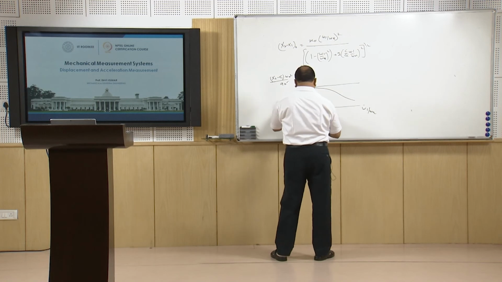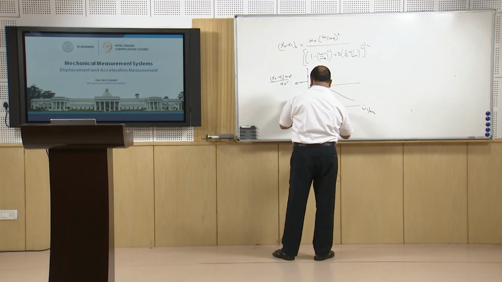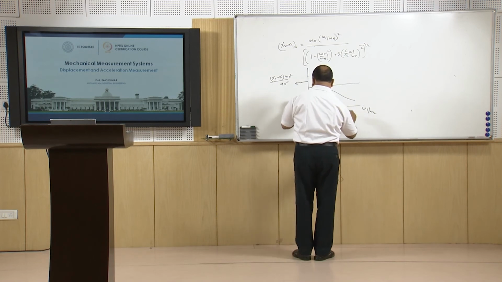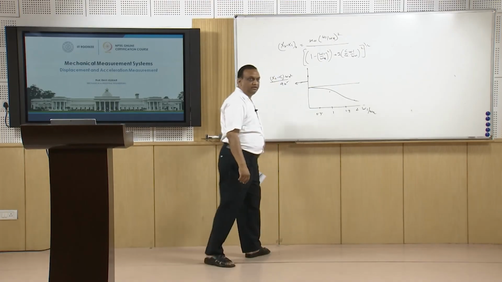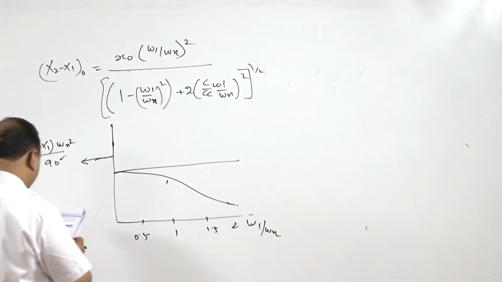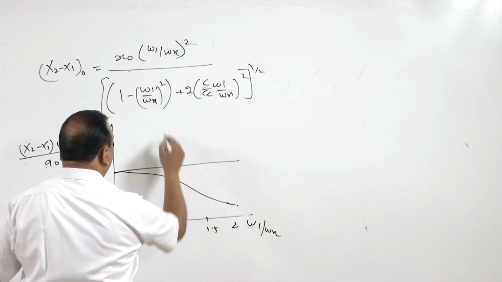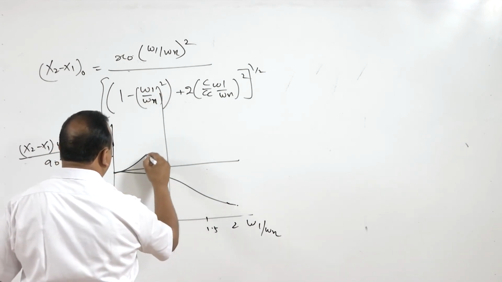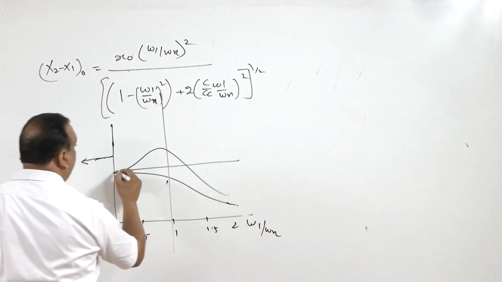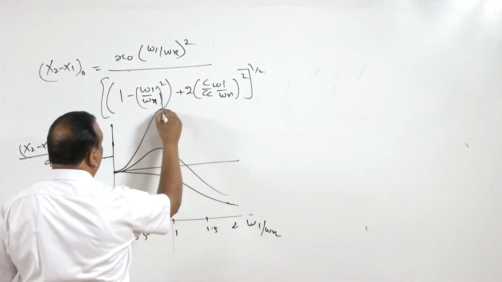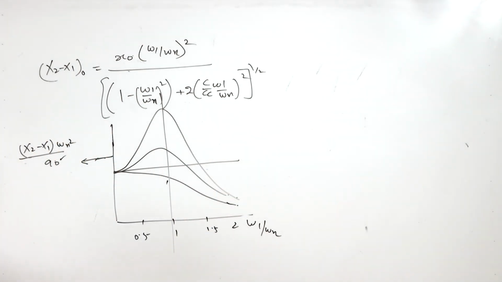And omega by omega n, I'll give you the values: this is 0.5, 1, 1.5, and 2. So this is C by Cc 1. When we take C by Cc, let us say 0.4, it is going to be like this. And definitely if it is 0.1, the curve is going to be like this.